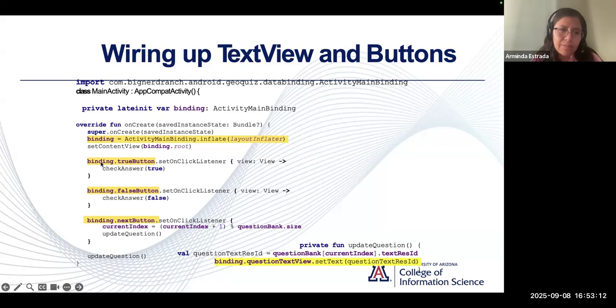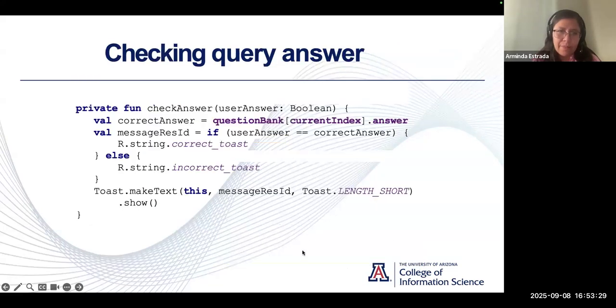Anyway, we've got binding for each one of the buttons. Where do these buttons live? They live in the main activity XML file. And here there's also a binding for the question text view. There's one right there.